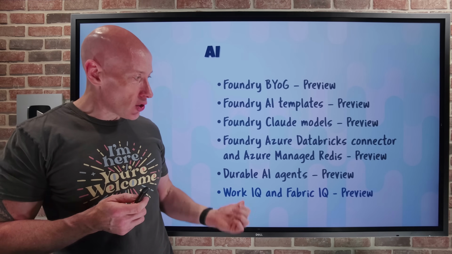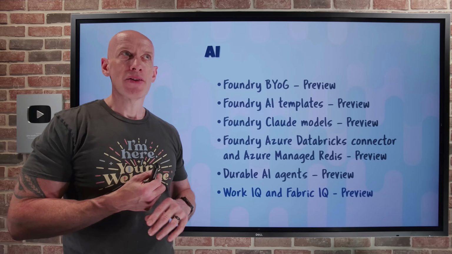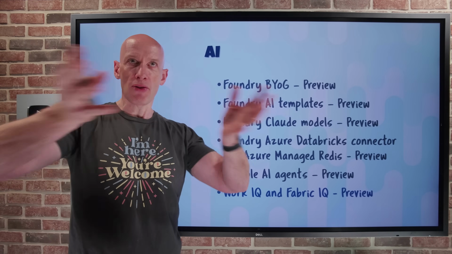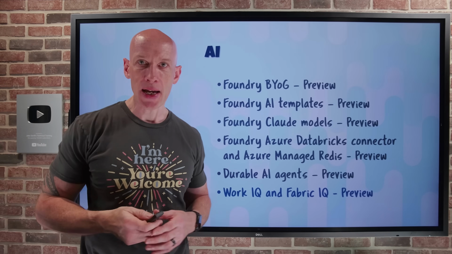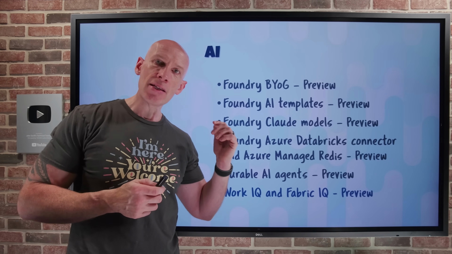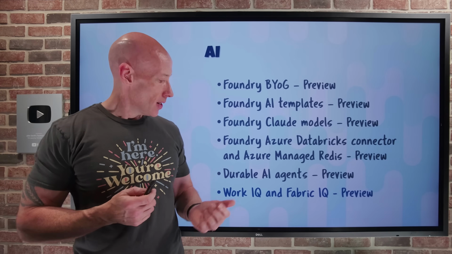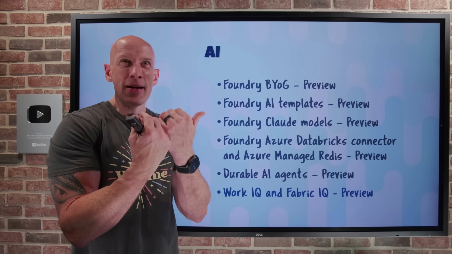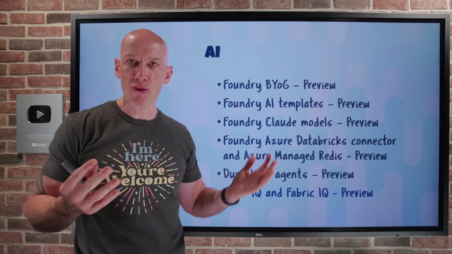And then Work IQ and Fabric IQ. So we talked about Foundry IQ already. So Foundry IQ, fantastic. Built on Azure AI Search, all those different knowledge sources, enables me to interact and get context for my agent. But these two siblings really complete that whole enterprise view. So Work IQ sits on top of the Microsoft Graph. Remember, Microsoft Graph is where all our Office documents, our Teams, chats, all of that information lives.